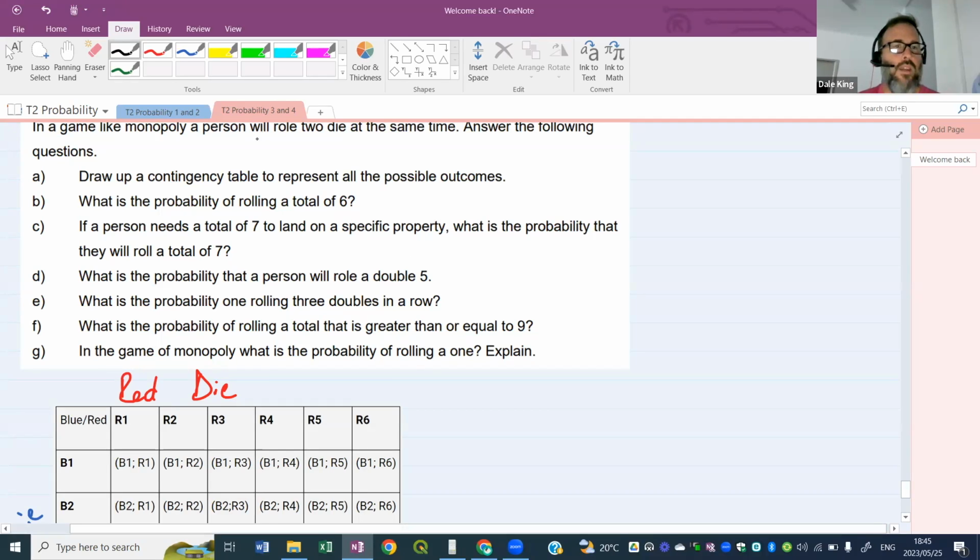What's the question, Bianca? It says, what is the probability of rolling a total of 6? So you roll 2 dice and you must get a total of 6. Give me an example of what that could look like.